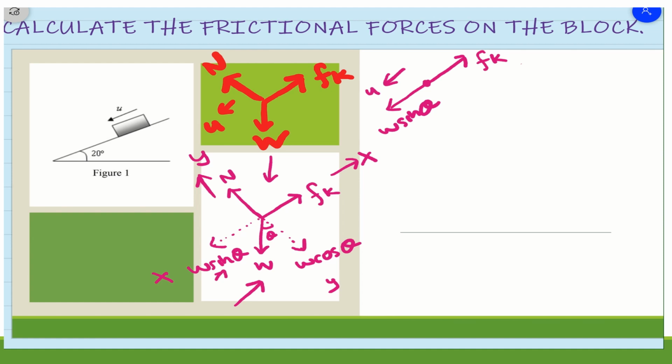Okay, so we must use Newton's second law, which is summation F equal to ma. For this case, Fk and W sin theta are the X component. The force in the X component in the same direction as the motion is W sin theta. So positive W sin theta minus Fk equal to ma.